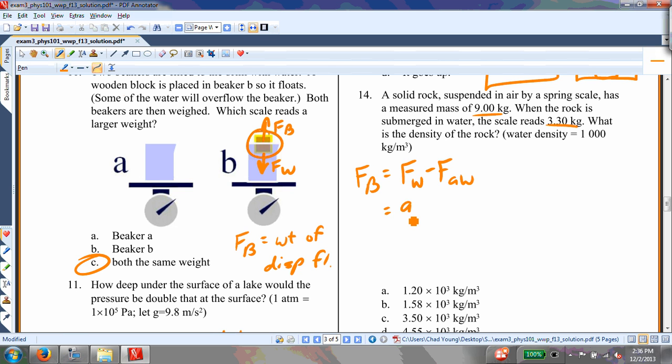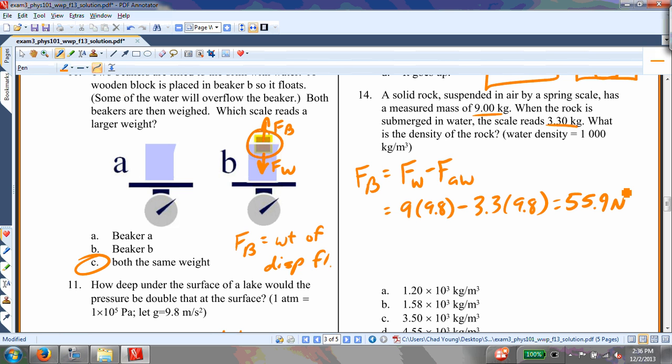So that's going to be 9 times 9.8 minus 3.3 times 9.8. I'm just taking the difference in those two weights, the actual weight and the apparent weight. And that gives me a buoyant force of 55.9 newtons.